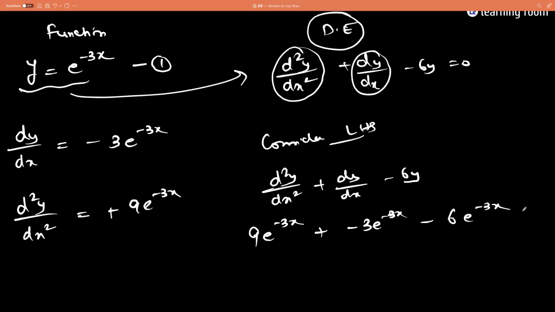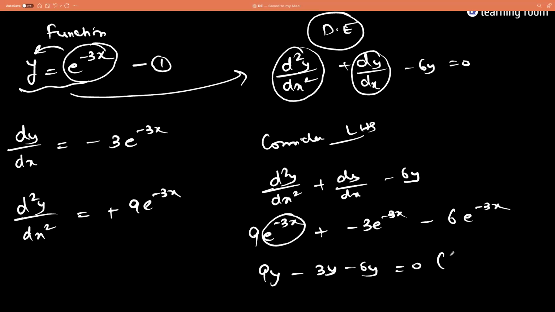E power minus 3x. Okay, but e power minus 3x is actually, look at the first step, e power minus 3x is y. So 9y minus 3y minus 6y. How much will you get the answer as? 0, which is the RHS. So what can you conclude? That the given function is the solution of the differential equation.